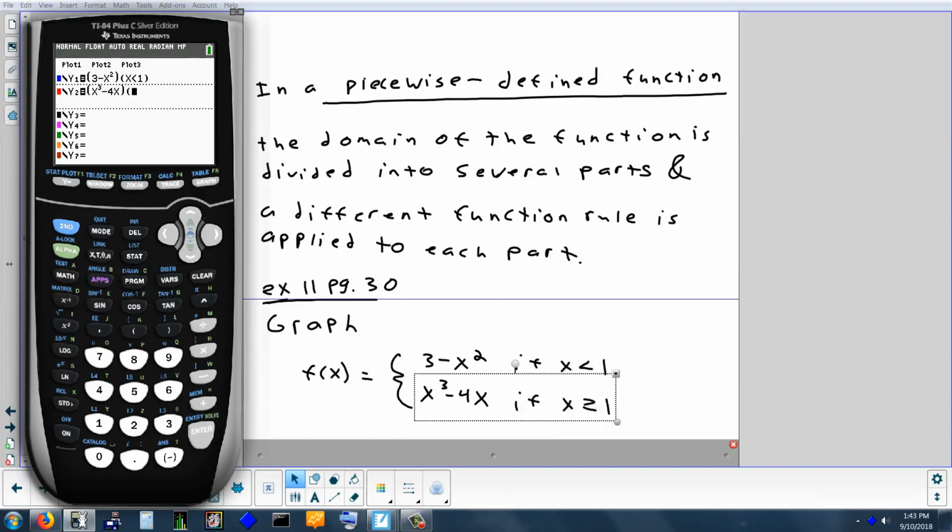Okay, so the condition here is when x, second math, and I want greater than or equal, option 4, and 1. That's how you type in a piecewise function. You just have to use parentheses. I didn't hit graph yet, but any questions on that?